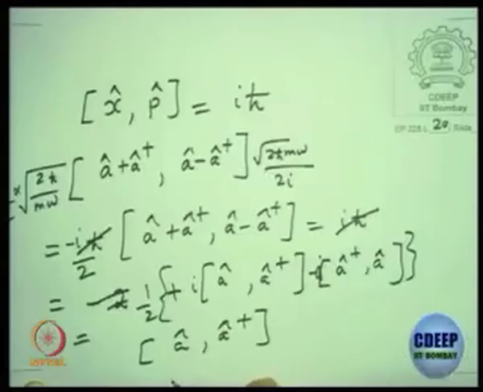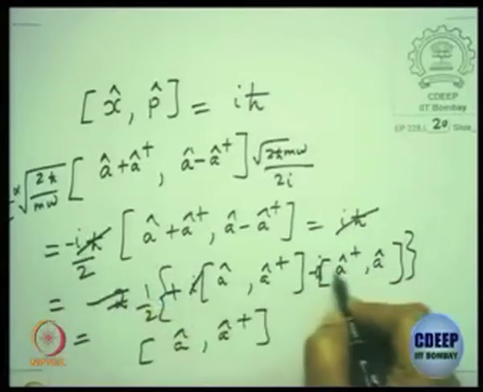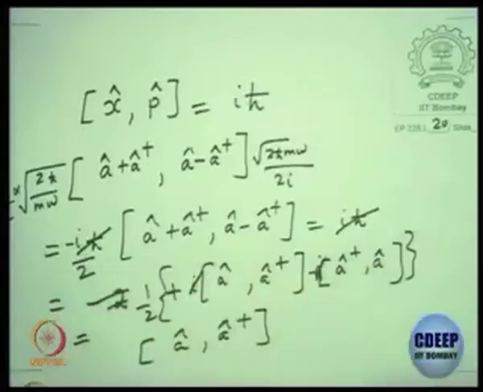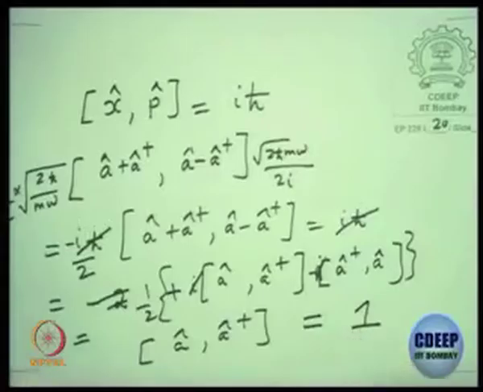The I also cancels, right? Why did I keep the I? I got cancelled, I thought. And this is 1. Okay. If you remember, A and A dagger were dimensionless, so I would expect the right hand side to be some number, and we do get it to be 1. Okay.